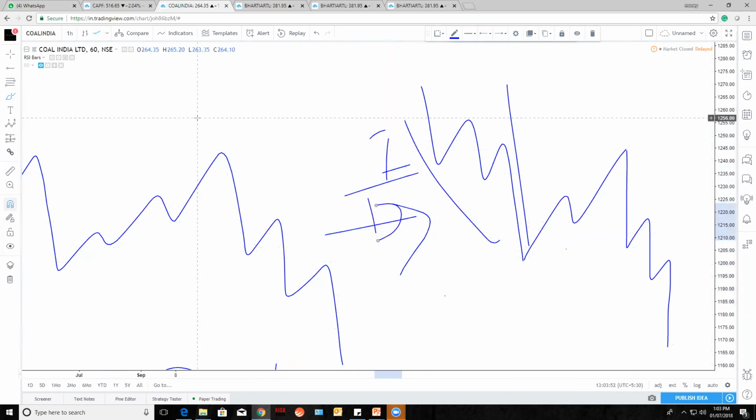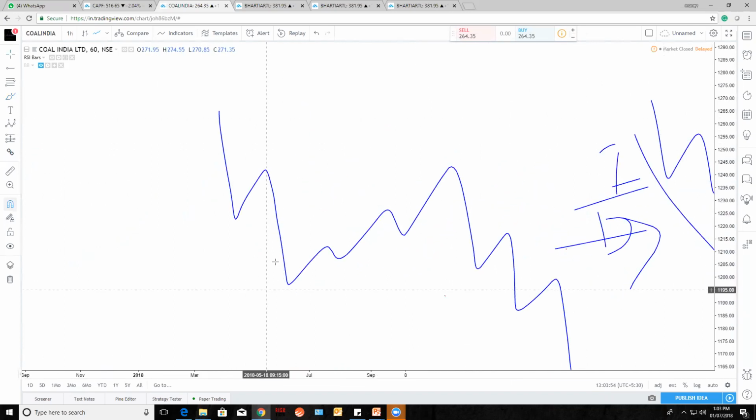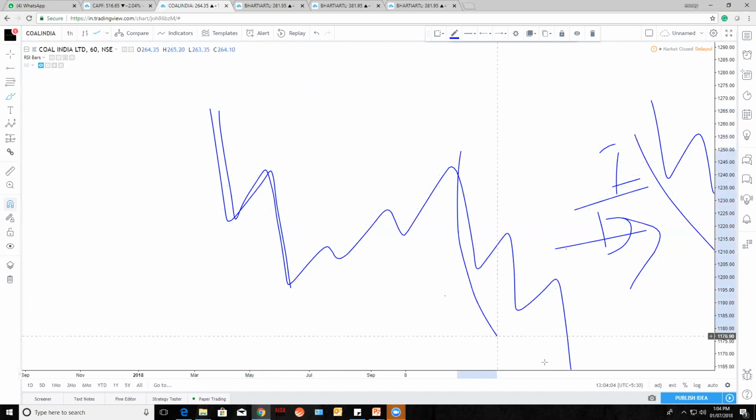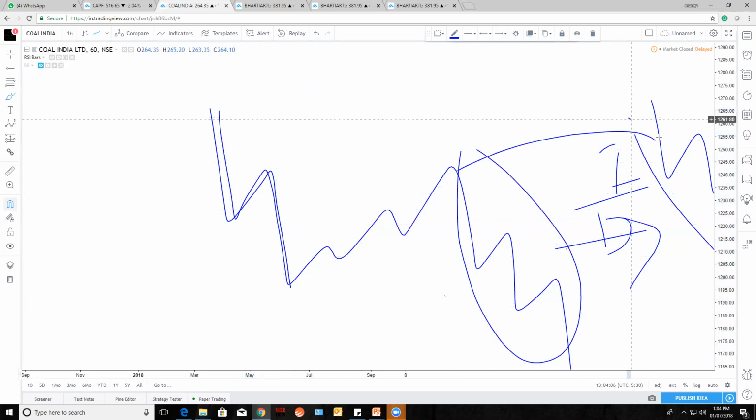But here, it can never be a leading diagonal or an impulse. It is only a three-wave structure, not a five-wave structure, in a flat correction, followed by C, which remains the same as that of a zigzag. Clear?